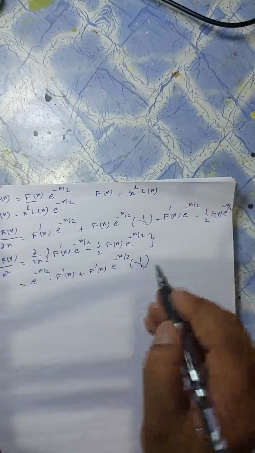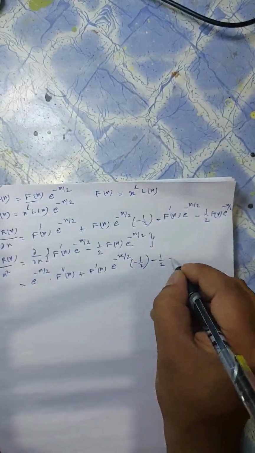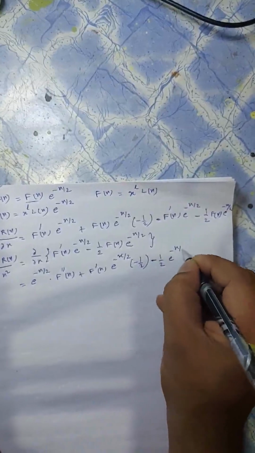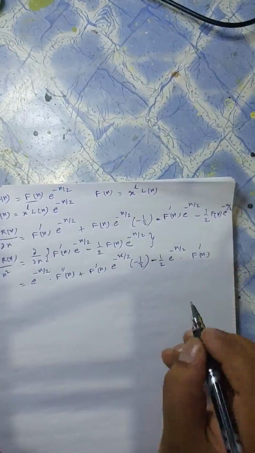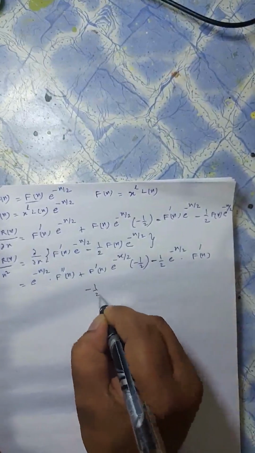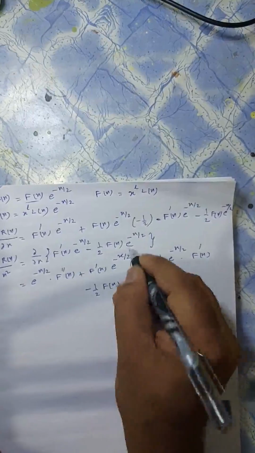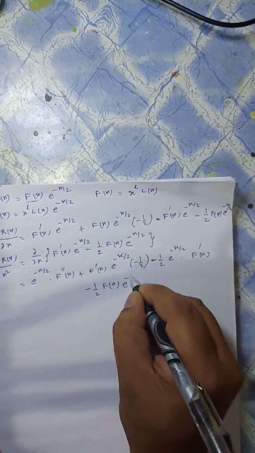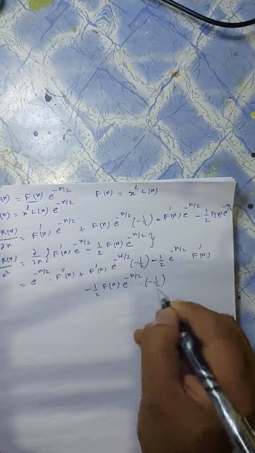Then the derivative of this minus half, suppose I keep this one constant, the derivative of this, that means F'(x) again, minus half, keep this one constant, the derivative of this, minus x by 2 into minus half.